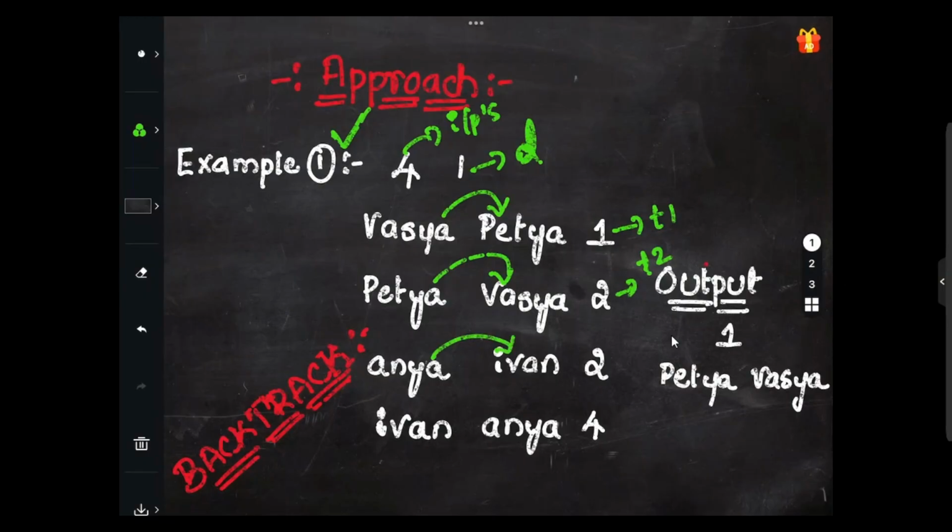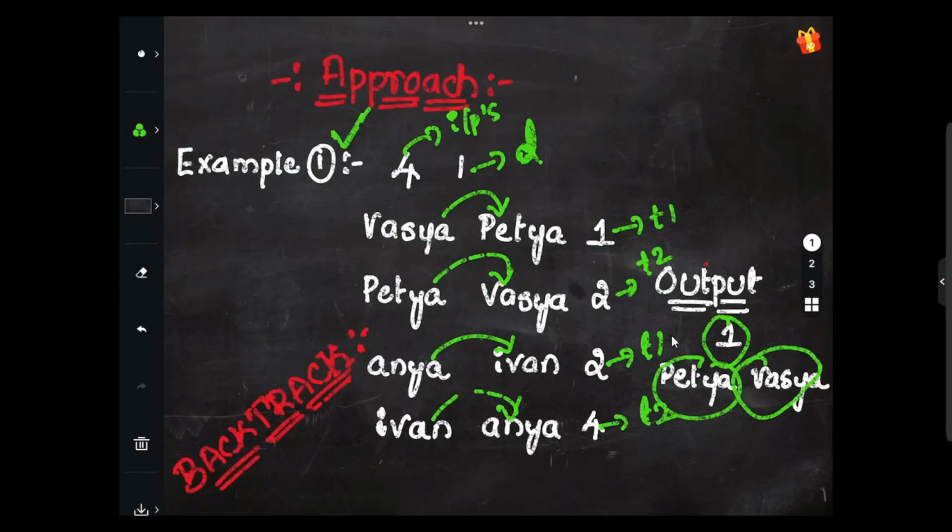So same goes with Anya and Ivan as well, right? Anya has sent a message to Ivan at time T1, nothing but 2, and Ivan has sent a message to Anya at time T2. So this is nothing but T1 and T2. I hope this part is completely clear. So the output that we need to get here is 1, Petya and Vasya, because what we need to determine here is to return all the unique friend pairs from the message log, right?